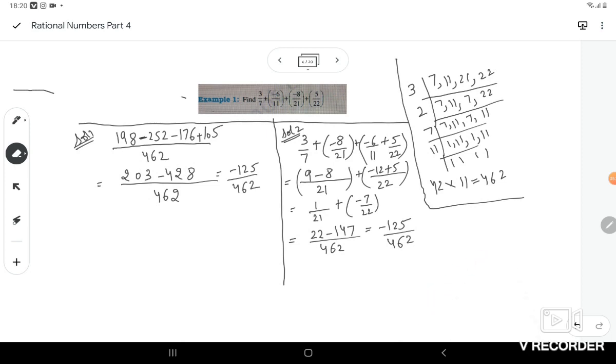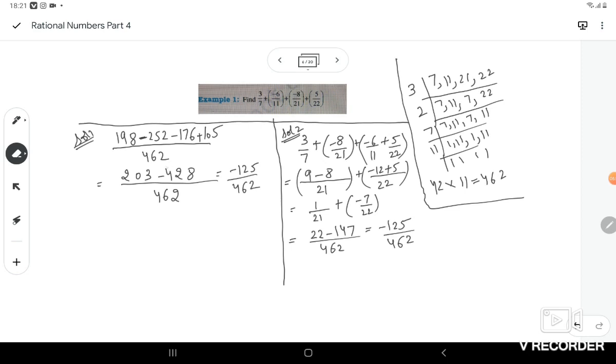Taking the example as 3/7 + (-6/11 + (-8/21 + 5/22)). We have to solve this addition using the property. I will show you the sum in two ways: first without using the property, and secondly by using the property.